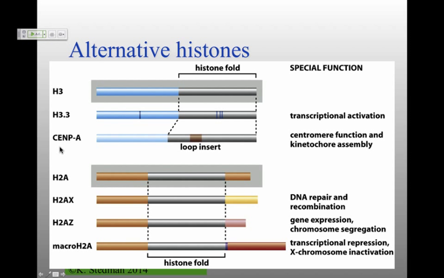The 2 probably best known of these are variants of histone H3. This histone H3, again, is the one which gets heavily modified. Here, histone H3.3 seems to be present in areas of the genome where you get lots of transcription. And then at the opposite end, this histone H3-like protein, SYN-PA, is what's present at the centromere.